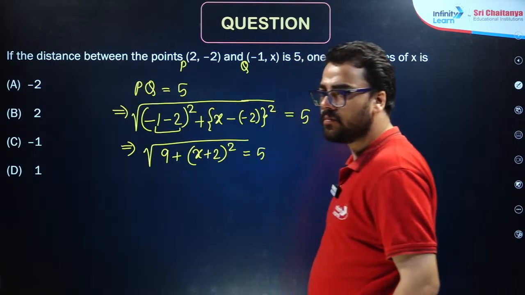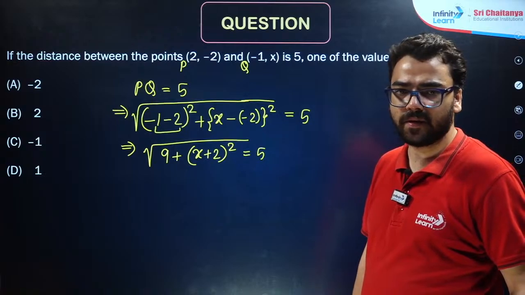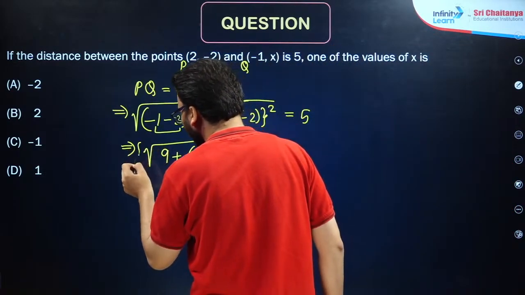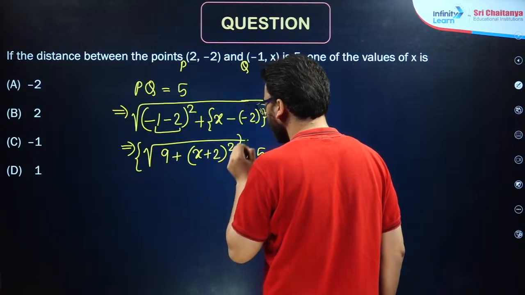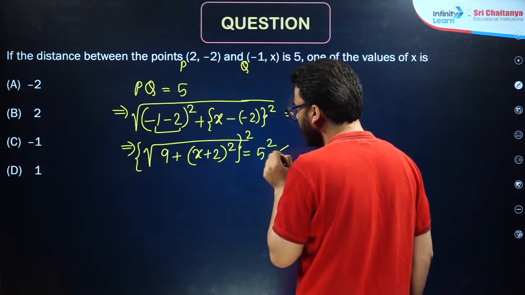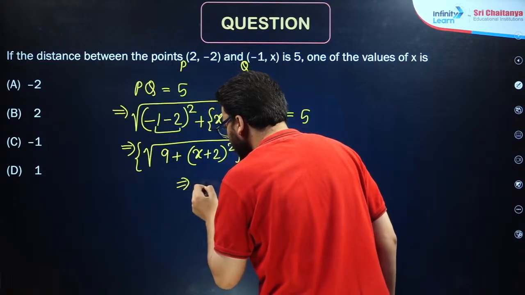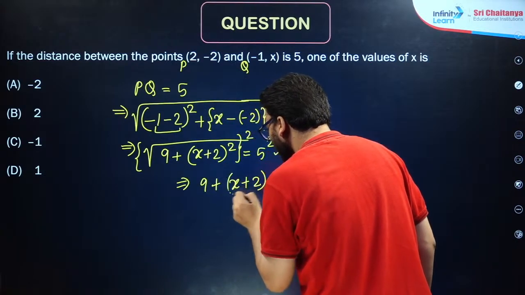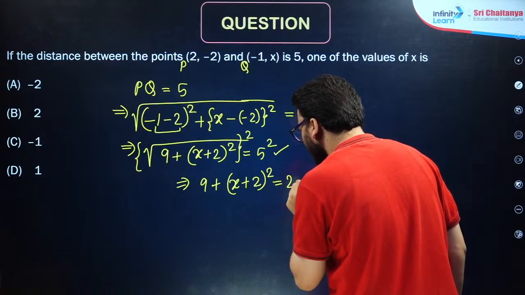Now in order to remove the square root, let's see that, Ravinder. In order to remove the square root, what will I do? I'll square on both the sides or not, tell me? I'll square on both the sides. So over here square root will be removed and you'll get 25. So you'll get 9 plus x plus 2 the whole square, and that is equal to 25. Correct?